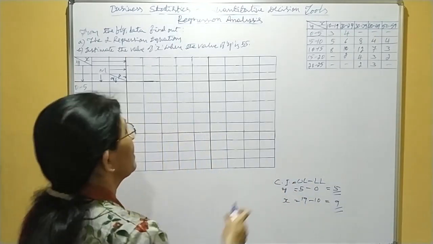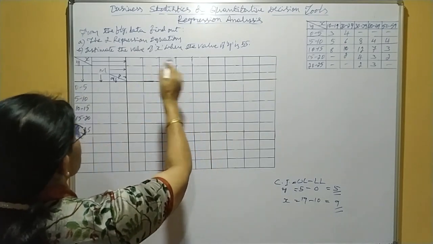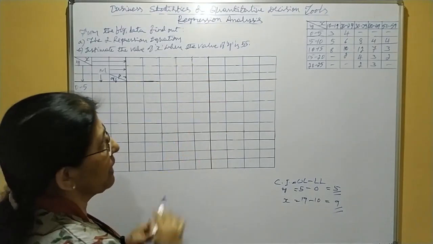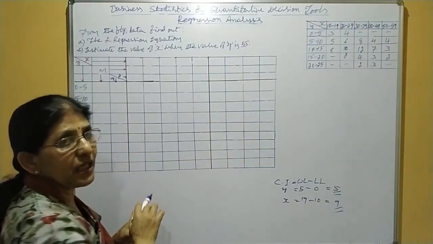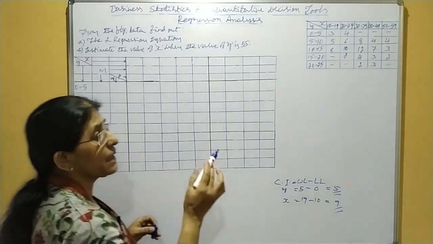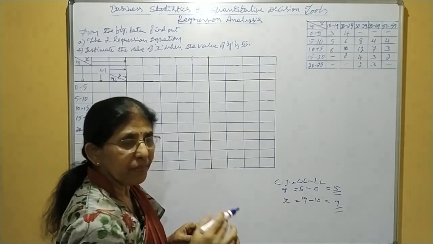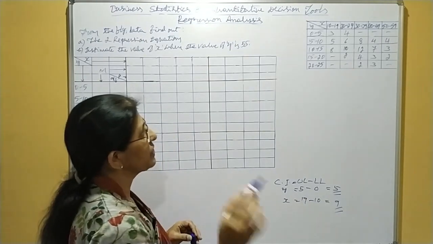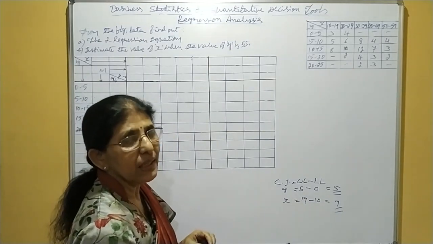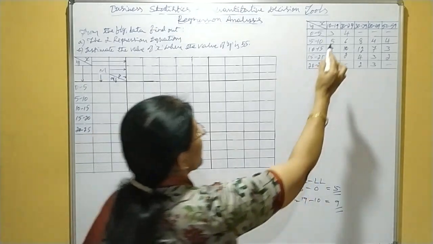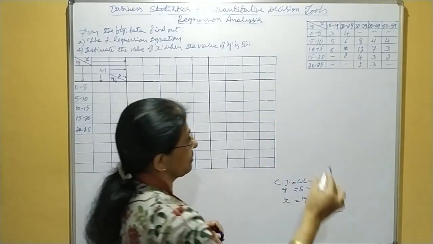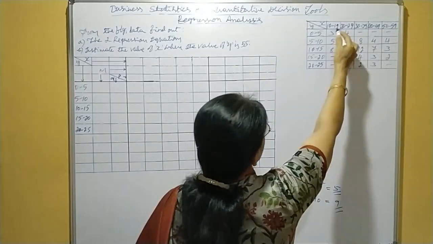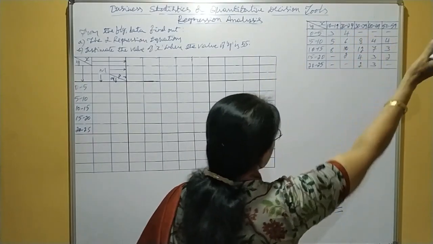Now, while taking this two-way table, the answer table, variable x which is given in the inclusive method is to be taken in the exclusive method. To convert the inclusive method into the exclusive method, it is known to you, we have to find out the jump between the upper limit of the previous class and the lower limit of the immediate next class: 19 to 20, 29 to 30, and so on.